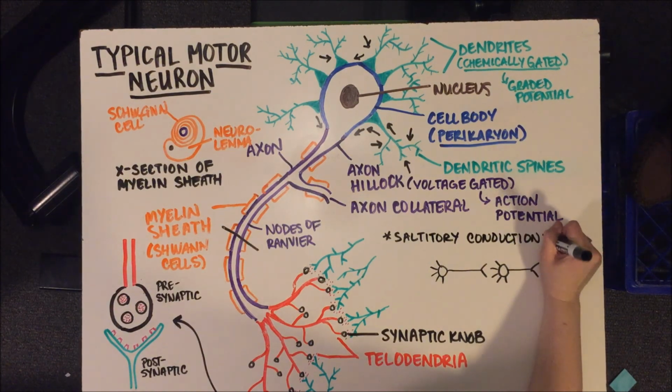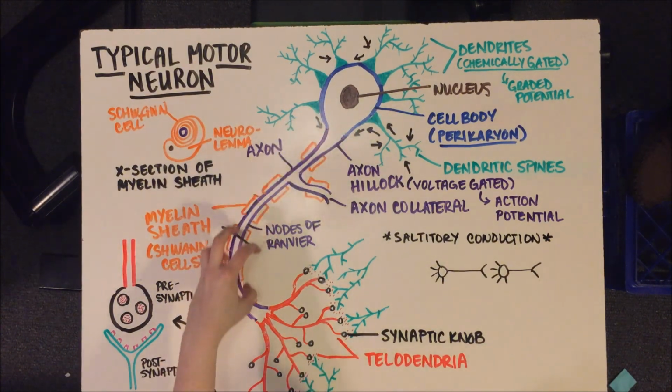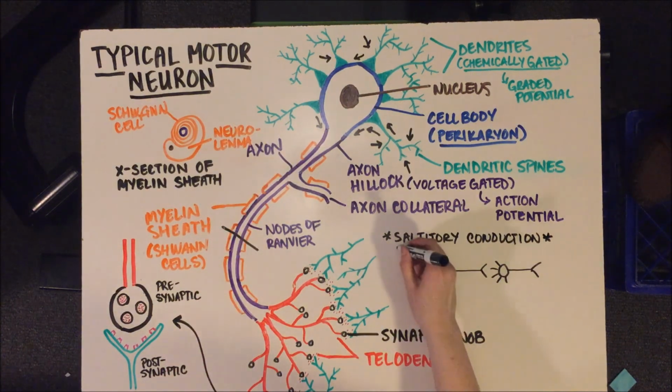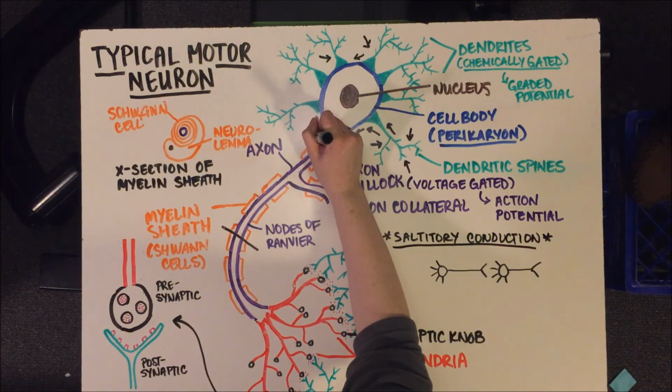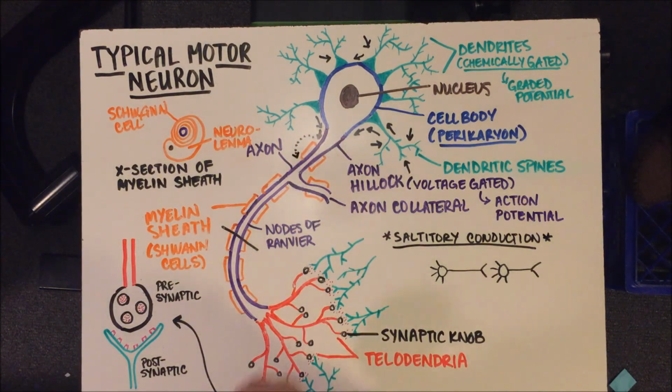Whereas a non-myelinated neuron has continuous conduction, which means it flows down the neuron in one even swoop, saltatory conduction means that the action potential is only carried on the parts of the axon that are not covered by the myelin sheaths, the nodes of Ranvier that we talked about earlier.